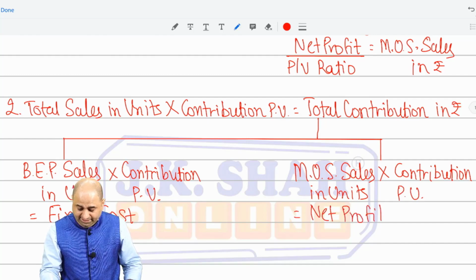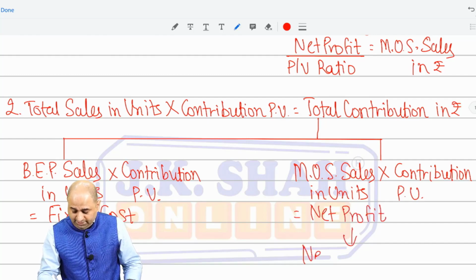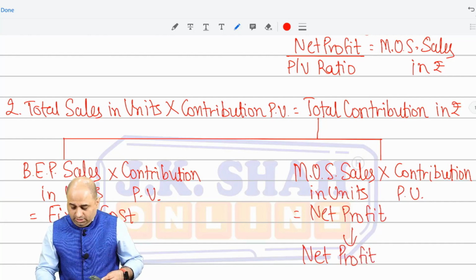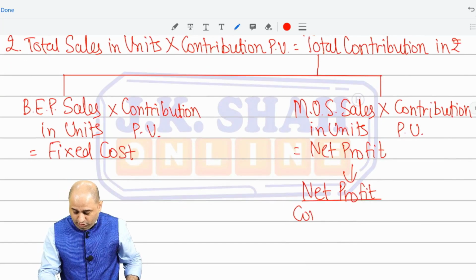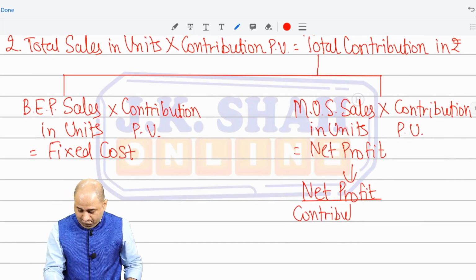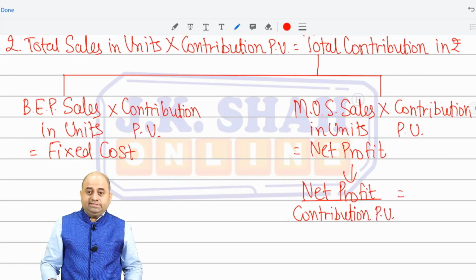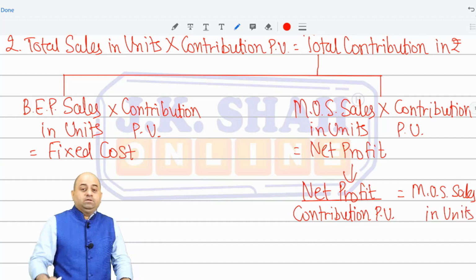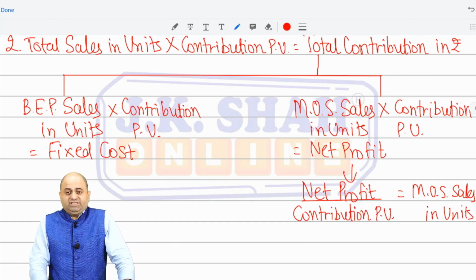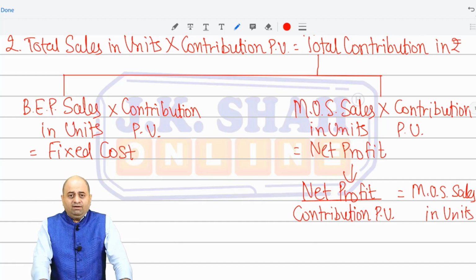And well, I can get one more formula from here, that is net profit upon contribution per unit is equal to MOS sales in units. So with that, guys, I have revised every possible formula.